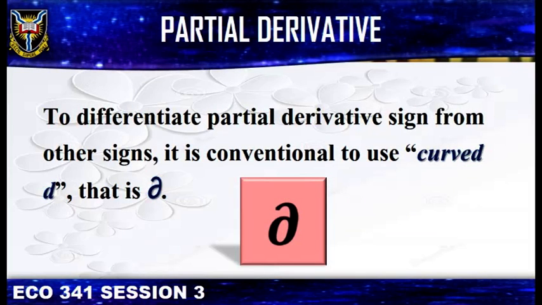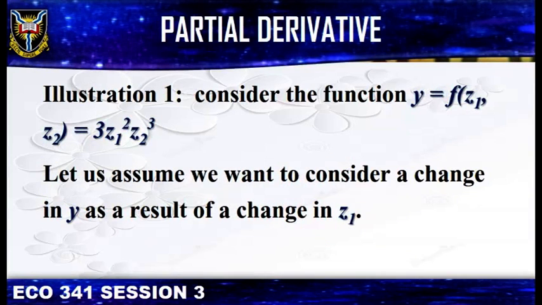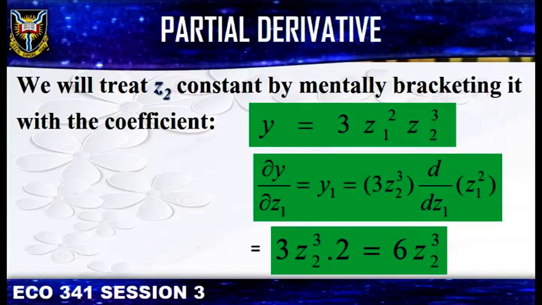To differentiate the partial derivative sign from other signs, it is conventional to use the curved d. That is the illustration 1. Consider the function y equals f(z1, z2) equals 3z1 squared z2 cubed. Let us assume we want to consider a change in y as a result of a change in z1. We will treat z2 as constant by mentally bracketing it with the coefficient. y equals 3z1 squared z2 cubed.